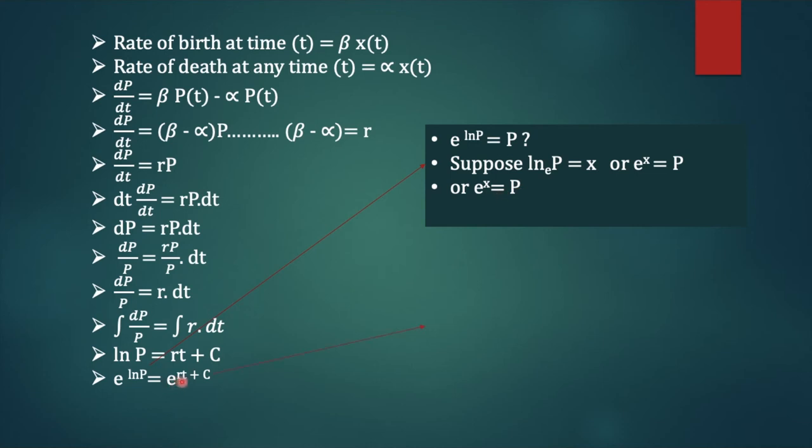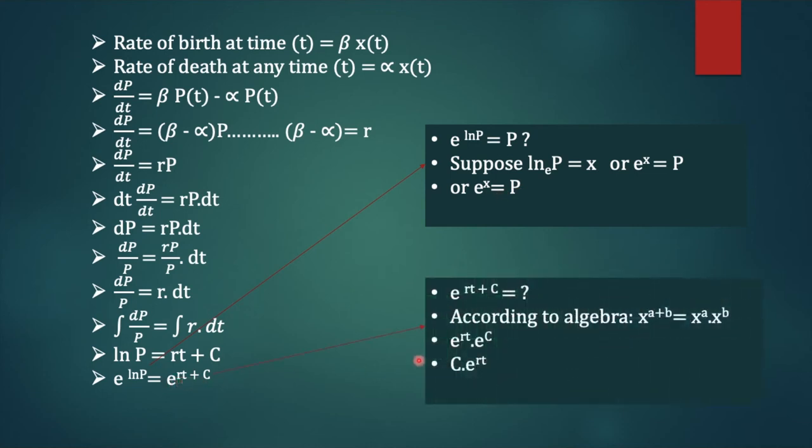Now what is e to the power rt plus c? According to algebra, x to the power a plus b equals x to the power a times x to the power b. Similarly here we can write e to the power rt times e to the power c. Now e to the power c is just a constant, so we can write it as c. So the equation ends up as P equals c e to the power rt.